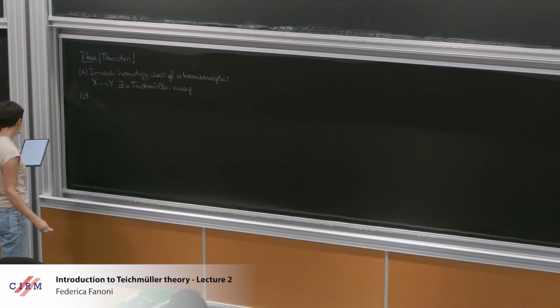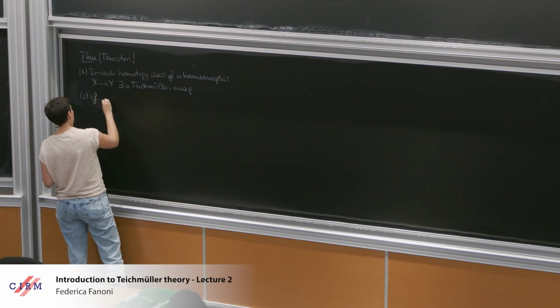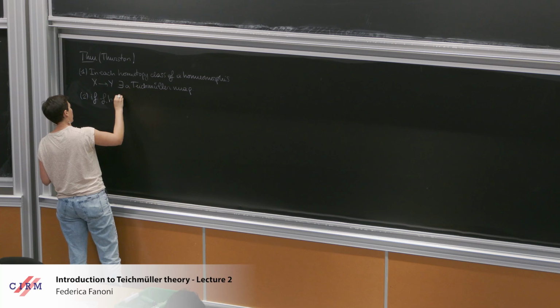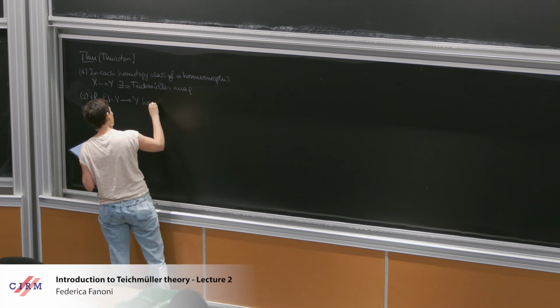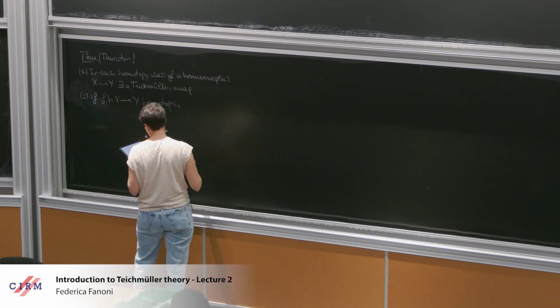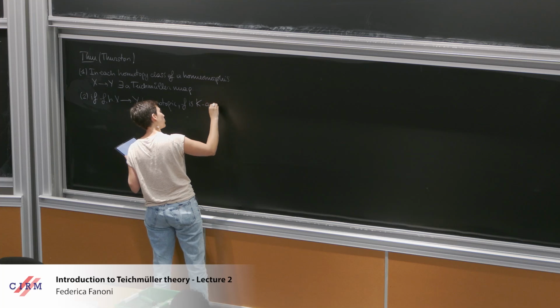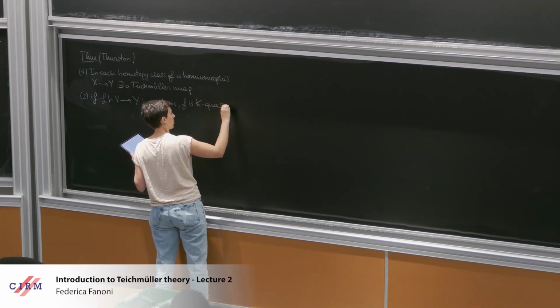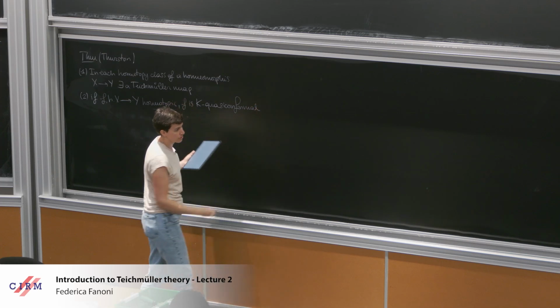And then the second thing is that if I have two maps which are homotopic, I suppose that F is K quasi-conformal. I haven't told you what that means, I'm realizing. Let me just add it there.